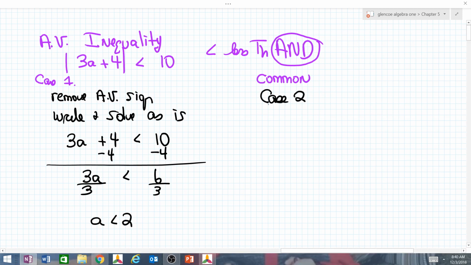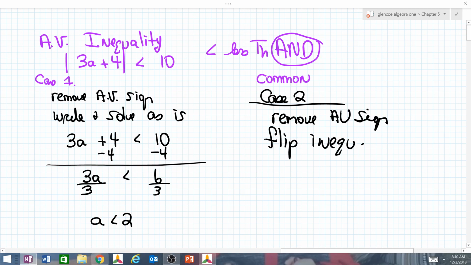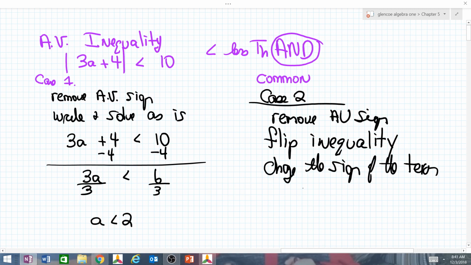To form case 2, remove the absolute value sign, flip the inequality, and change the sign of the term after the inequality symbol.